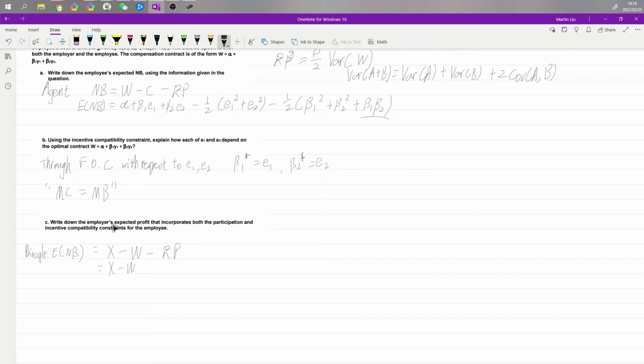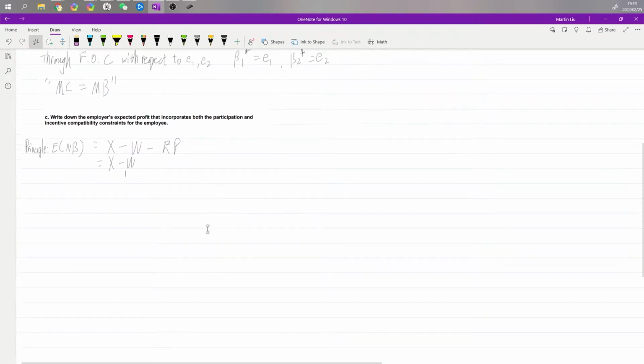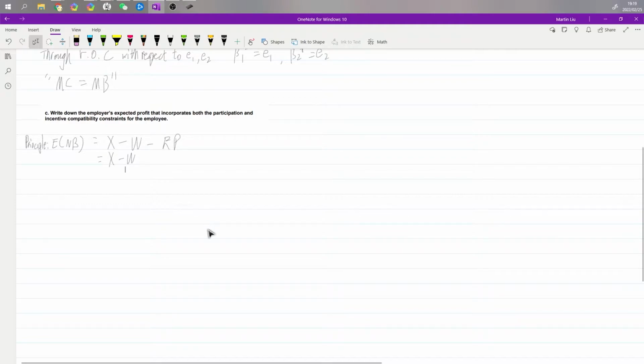Other things to mention for this question. Simplify that to E plus Q minus wage, where X is the payoff and wage we can just copy down from the previous part.